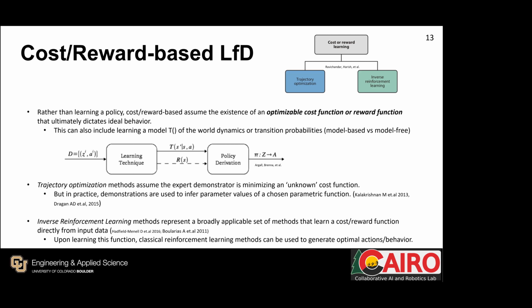And probably the larger category is that of inverse reinforcement learning, which represents a broadly applicable set of methods that learn a cost or reward function directly from input data. Once this cost function is learned, you can use classical reinforcement learning techniques to then derive a policy that produces your optimal actions and behavior.